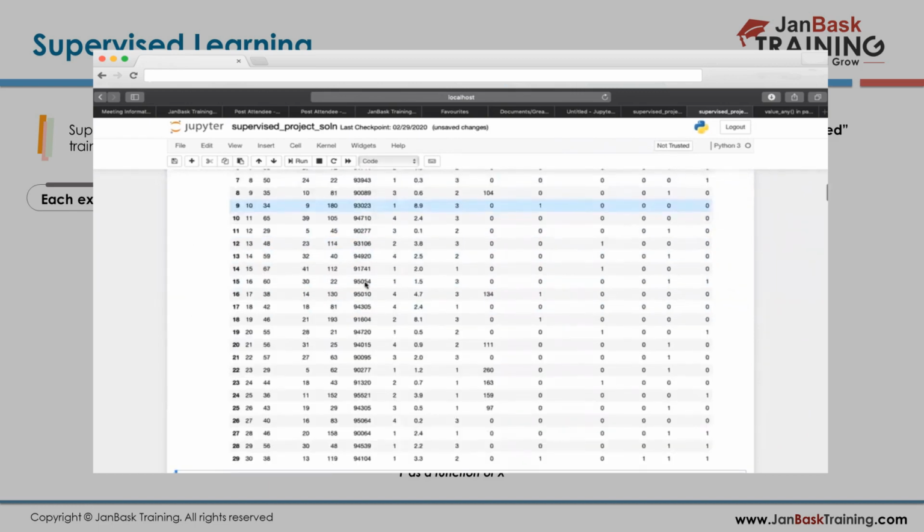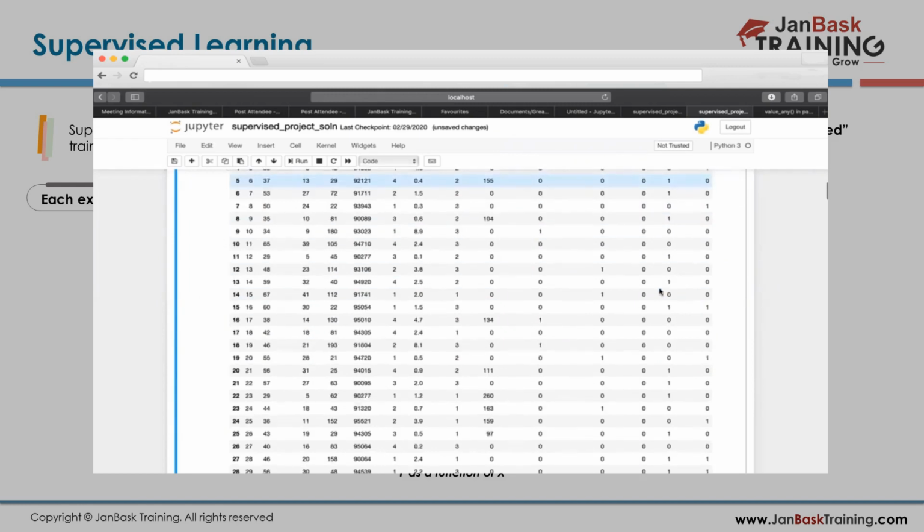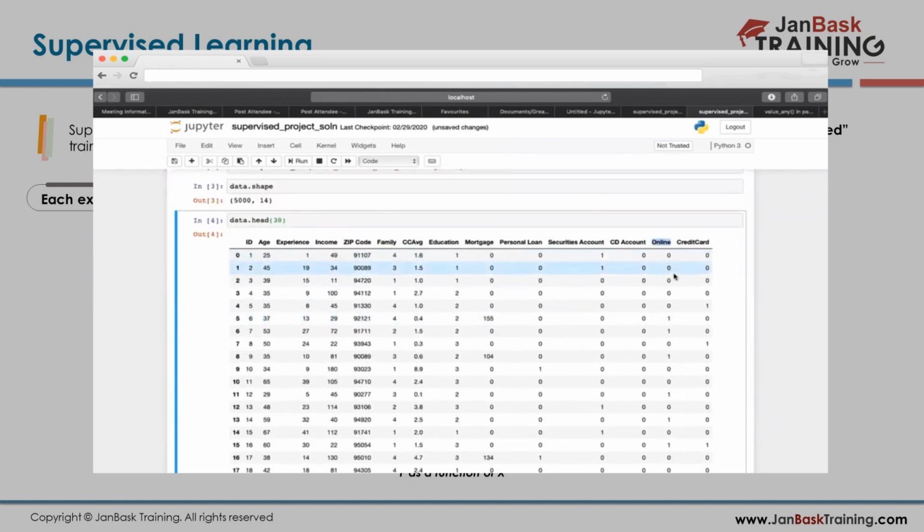It's called label data because you have given all the features like ID, age, experience, income, family, education, mortgage, whether you are having a security account or not, a credit card or not, an online banking facility or not. So 0 means you don't have, 1 means yes, this customer is having.